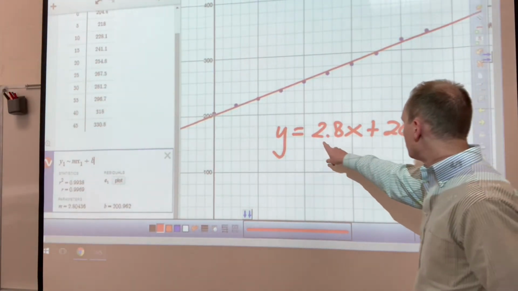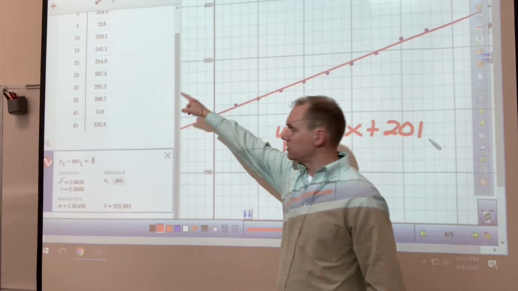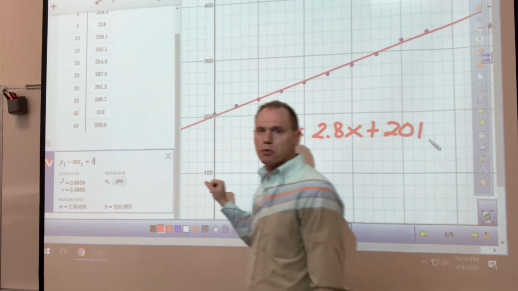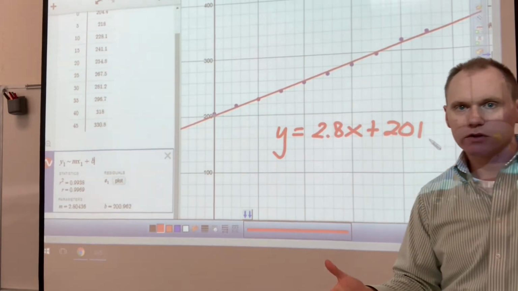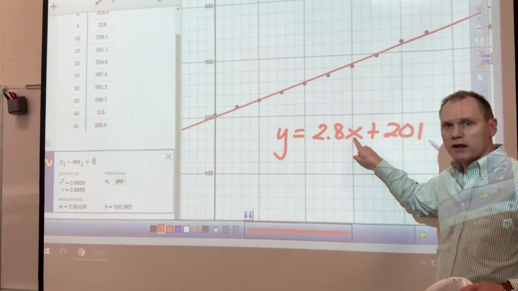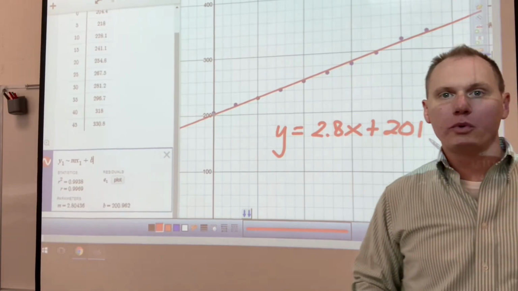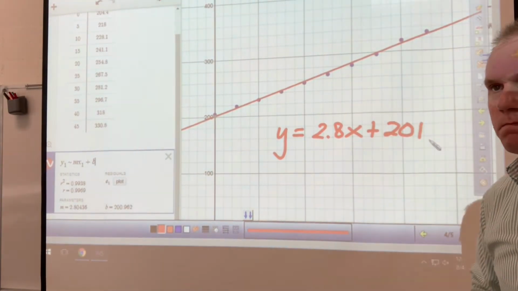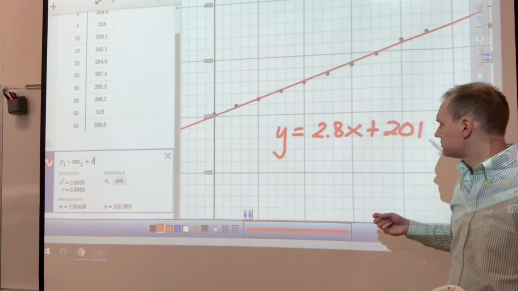And then 2.8, remember our population is in thousands here. These numbers are in thousands. So 2.8 actually represents, going back to our definition of slope that we talked about in the warm-up, for every increase of 1 in x, we're going to go up 2.8, or 2.8 thousand, okay? Or 2,800 is what that would be, right?